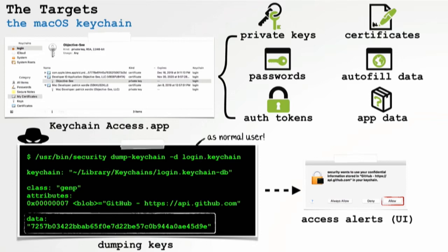So until recently, you didn't need any special privileges to dump the unencrypted contents of the keychain. There was just a single access prompt that was displayed. So that was all that was standing between all your passwords and goodies and full unencrypted access for a local attacker or a piece of malware. So again, if the attacker has the ability to synthetically interact with this keychain prompt, all your secrets are essentially theirs.